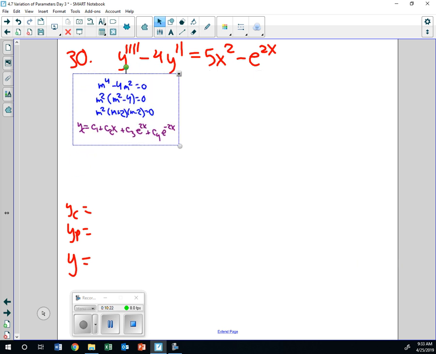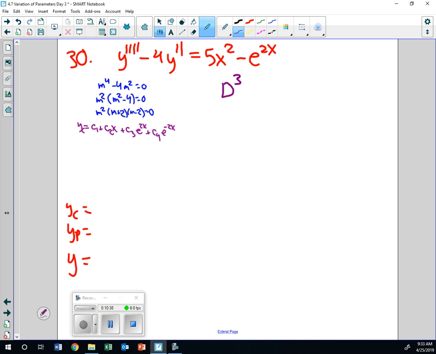Okay? And then we're going to take a peek at this part. How many derivatives will it take for this 5x squared to go to 0? 3. So you're going to have d3, and then we're also going to have, forget about this coefficient -1, just the coefficient of x here is 2, so this is going to be d minus 2.